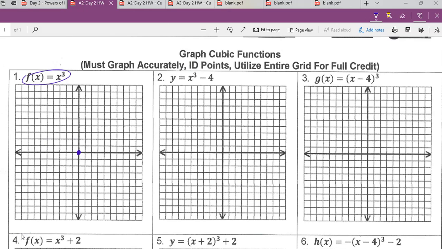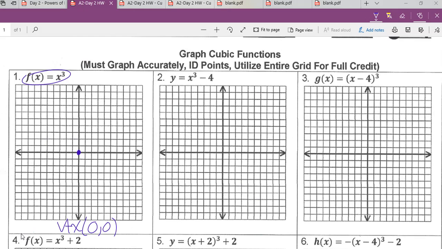I don't see anything in parentheses being added or subtracted, shifting it left or right, anything being added or subtracted at the end to make it move up or down, and I don't see any numbers in front of the x to make it change direction or expand or shrink. So I'm going to assume that my vertex for my first graph should be going through 0, 0. So there's my prediction of where the turning point or the vertex should be.